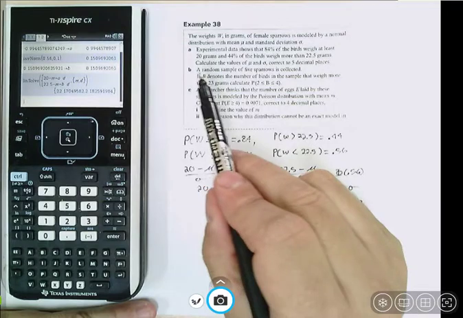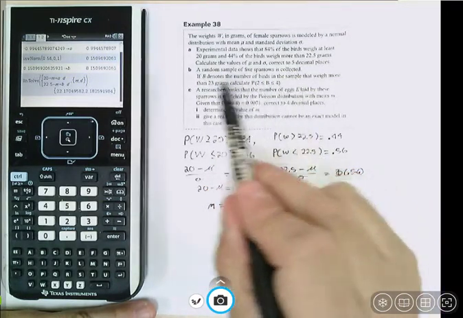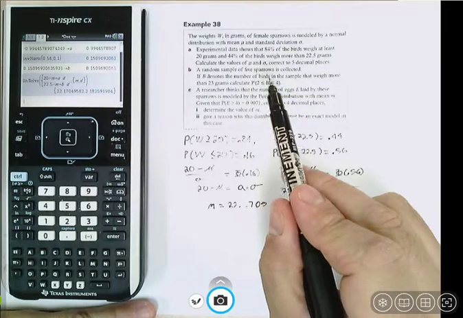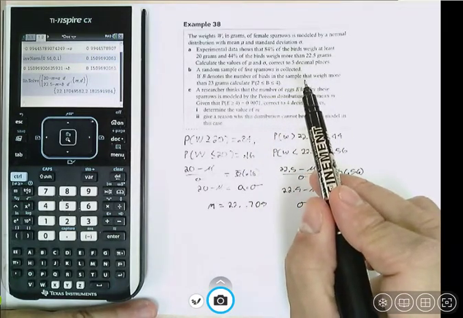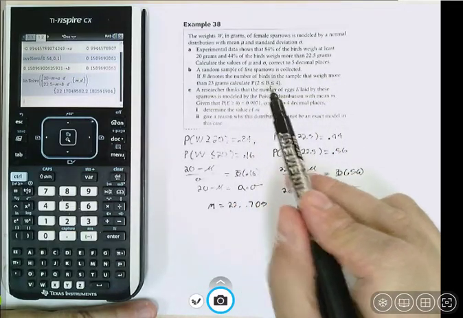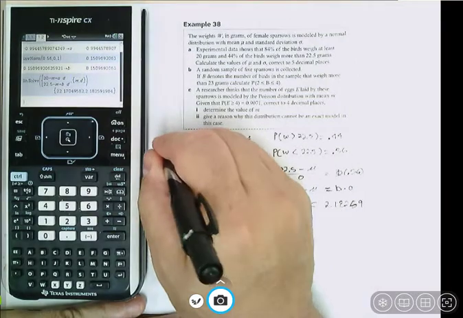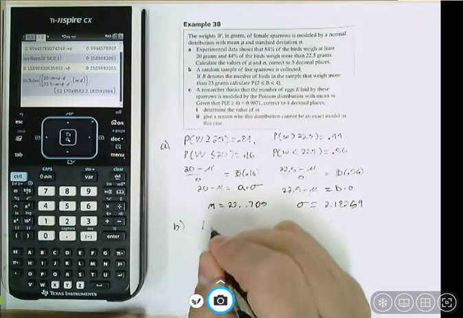Now B says a random sample of 5 sparrows is collected. If B denotes the number of birds in the sample that weigh more than 23 grams, calculate the probability between here. If you don't notice for B, so we did A up here, B is a binomial.